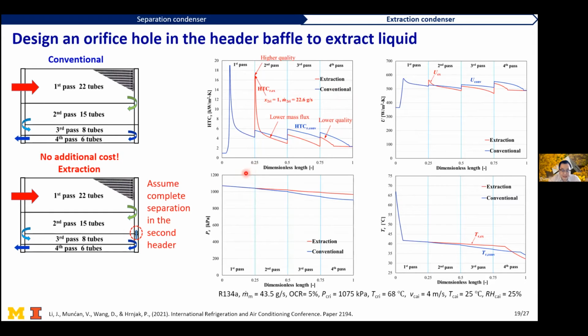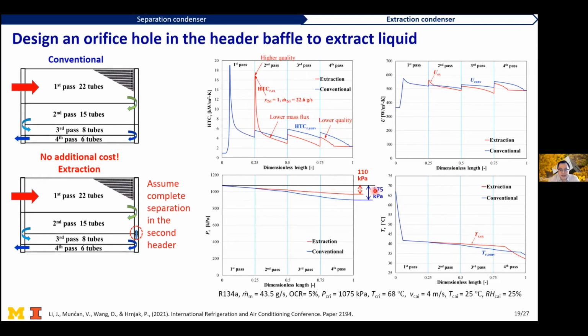But the benefit on pressure drop is always there, because of the reduction of mass flux in the second pass and the third pass. The pressure drop is smaller, and since it's in the two-phase zone, the saturation temperature is effectively increased. So with the smaller pressure drop, the pressure becomes higher, and the higher pressure means higher temperature. So that increases the refrigerant-to-air temperature difference, which will eventually increase the condenser capacity.